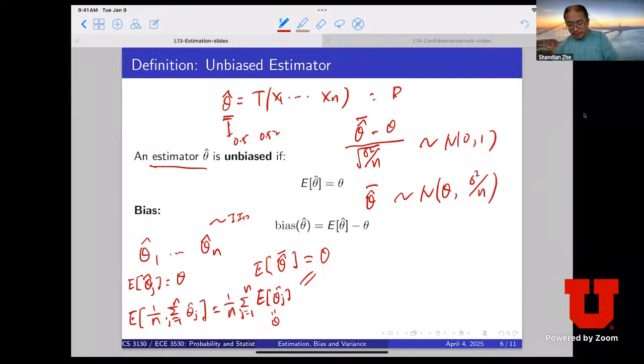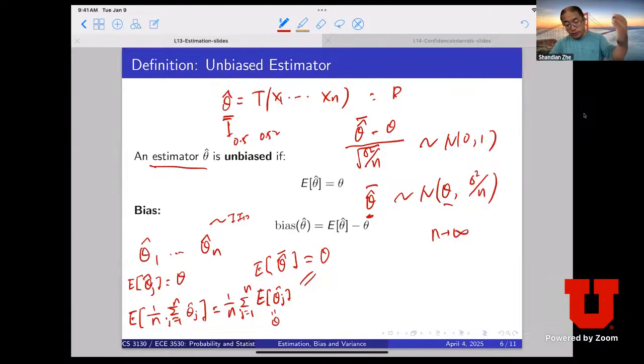So you see that when n goes to infinity, the average theta hat will converge to theta, and the variance decays fast, along with n. Question? Everyone feels comfortable?